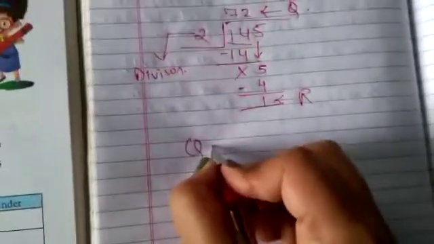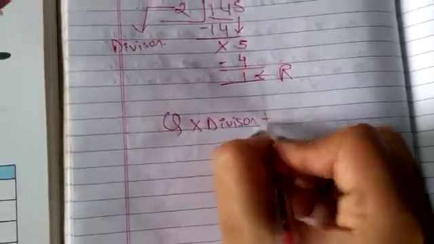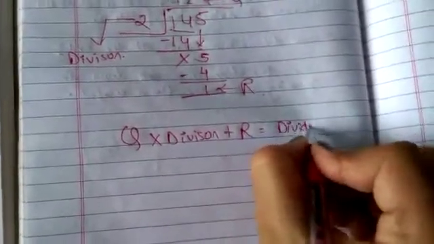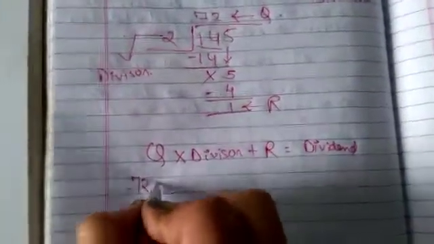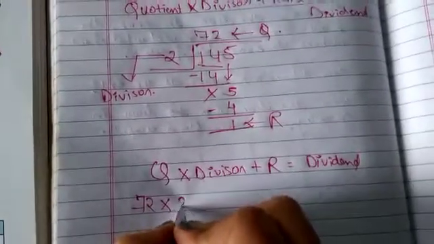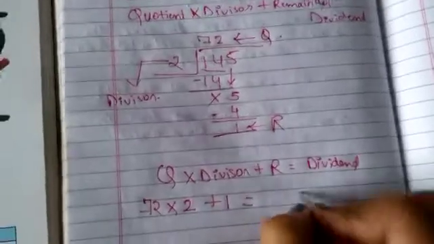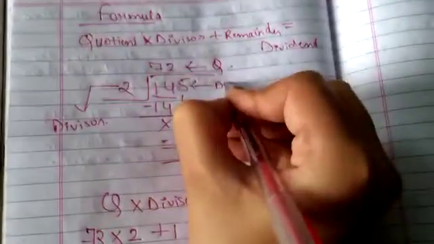So the formula is quotient into divisor plus remainder will be equal to dividend. Quotient is 72 into divisor 2 plus remainder 1 will be equal to dividend, and this 145 is our dividend.